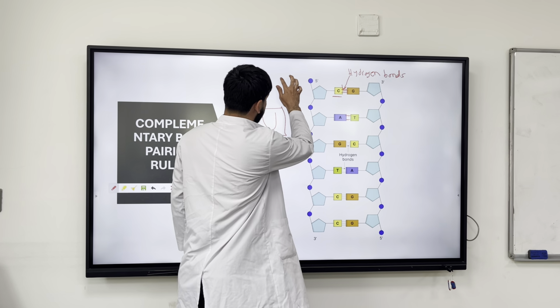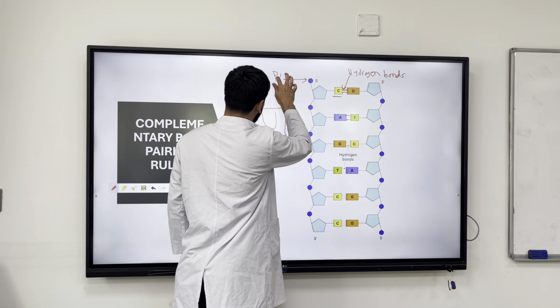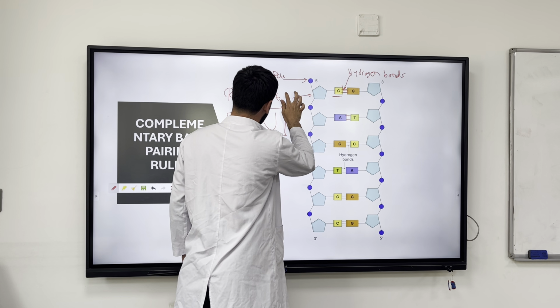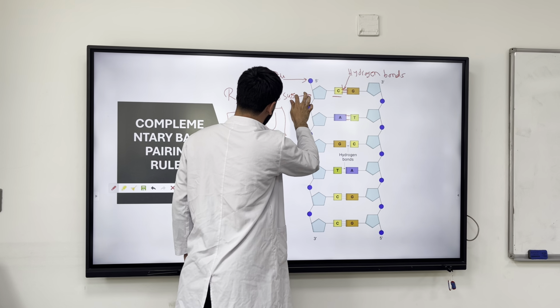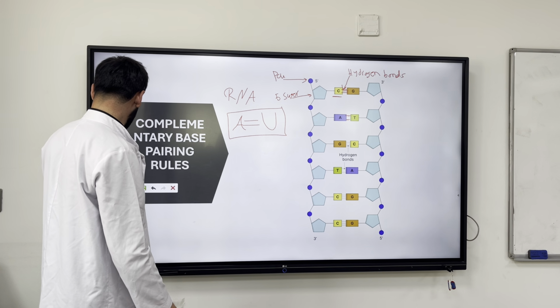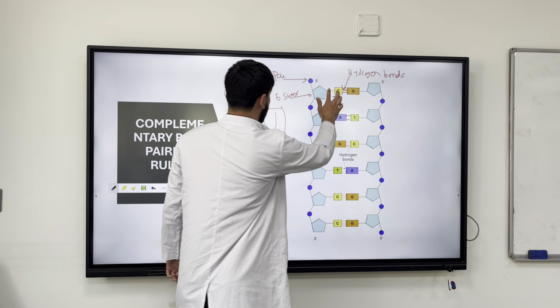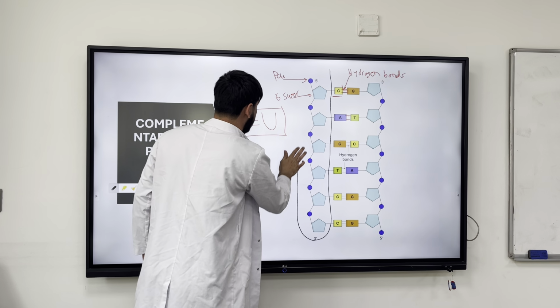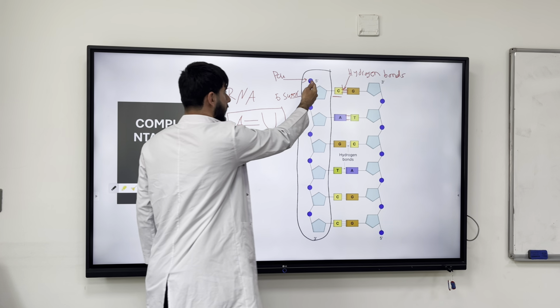And this part is the phosphate group. And this part is sugar, right? Phosphate group and sugar.